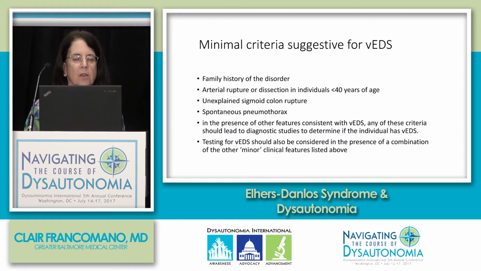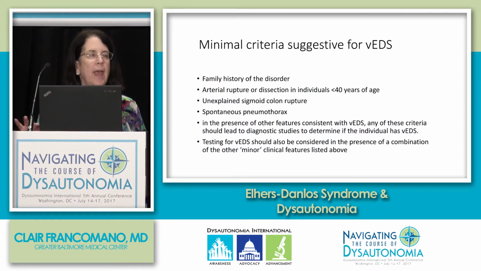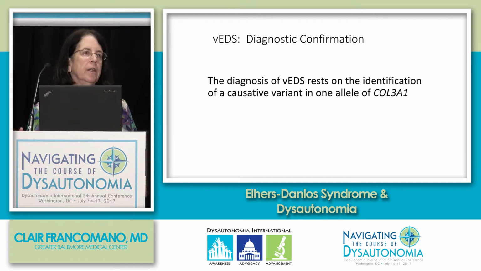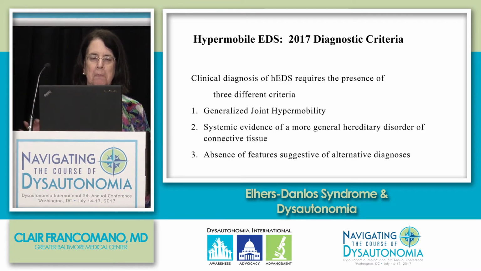So in the presence of other features that are consistent with the vascular type of EDS, any one of these criteria should make people think about the possible diagnosis of vascular EDS. And really, the diagnosis of vascular EDS hinges on that molecular test with the identification of a causative variant in 1 copy of the type 3 collagen gene in a person's DNA.